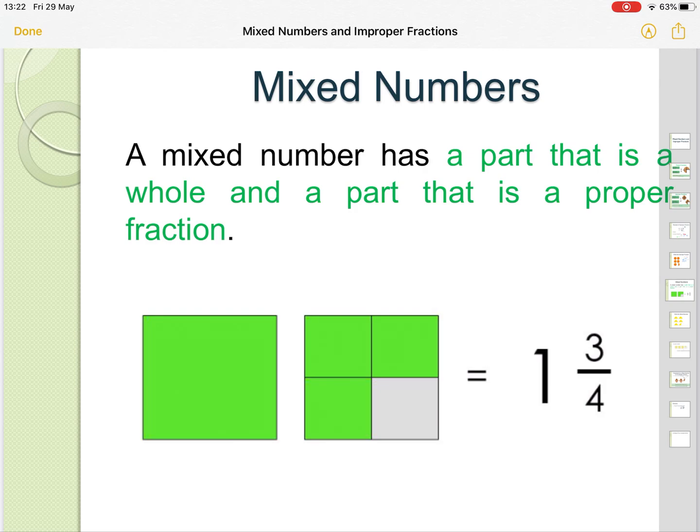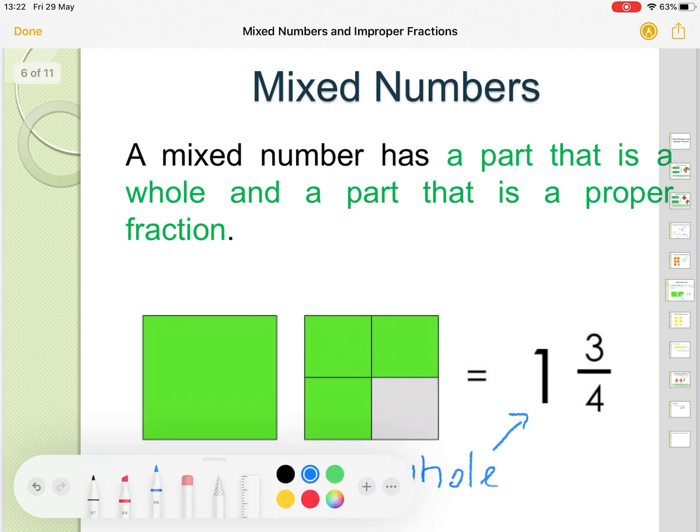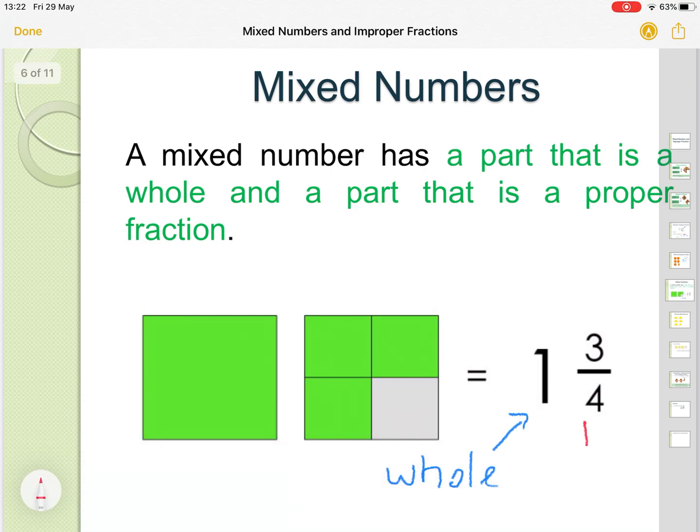So the mixed number is 1 and 3/4. You see, you have the one which is the whole, and the 3/4 which is the proper fraction.